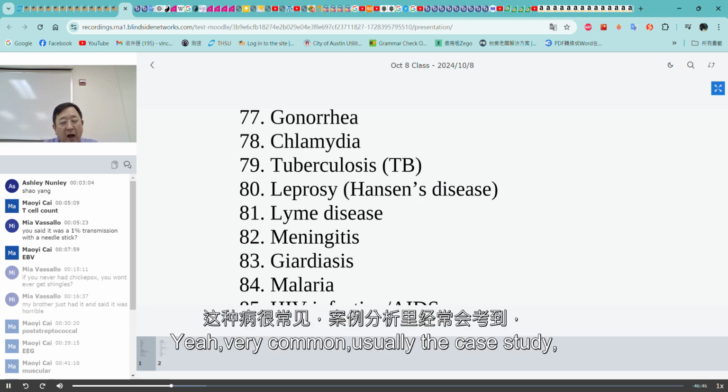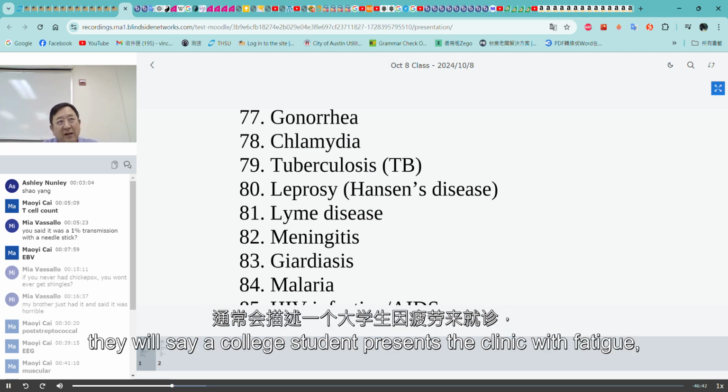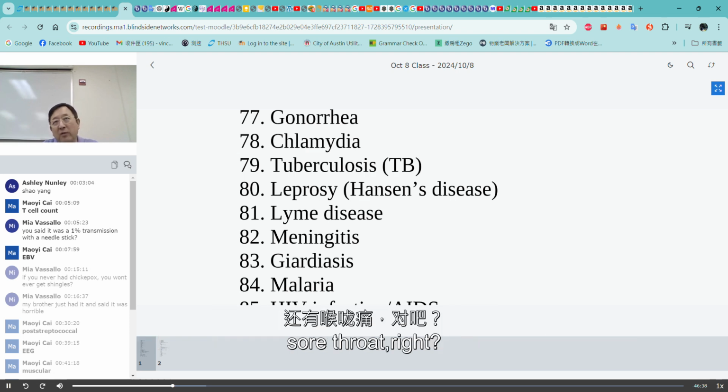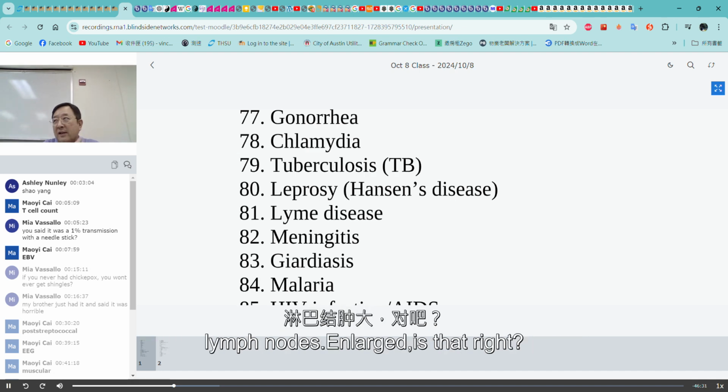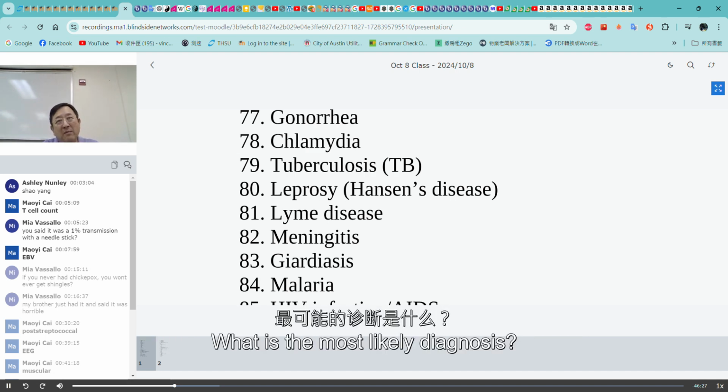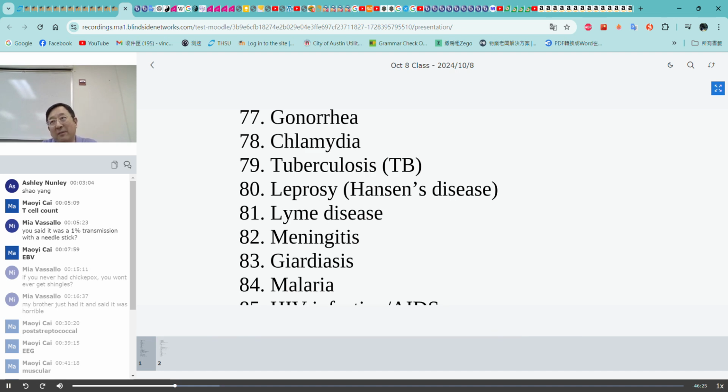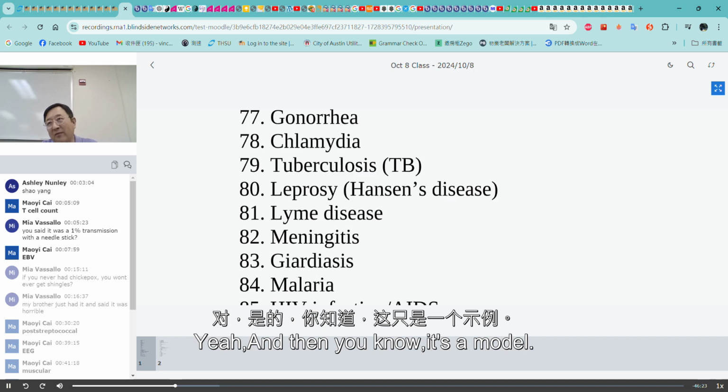Very common. Usually in the case study, they will say a college student presents to the clinic with fatigue, sore throat, maybe some runny nose, and upon physical examination, cervical lymph nodes are enlarged. What is the most likely diagnosis? Then you know it's mono.